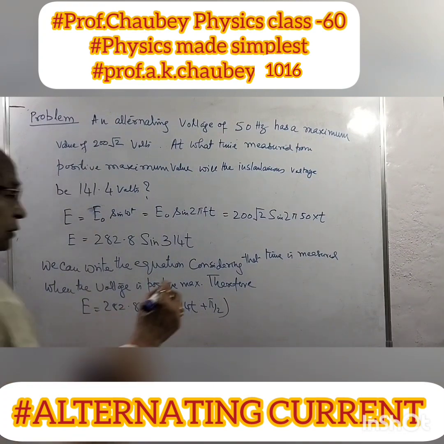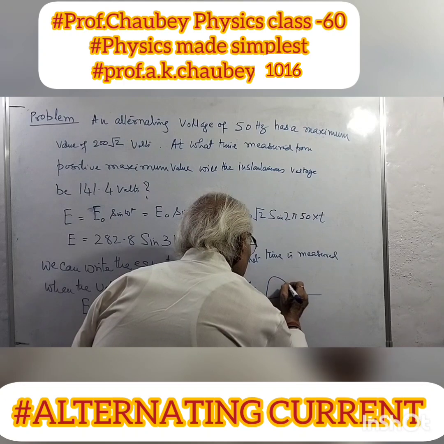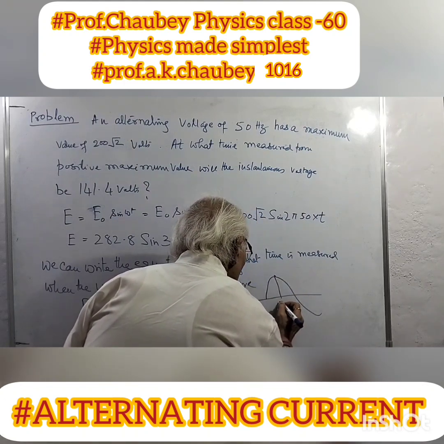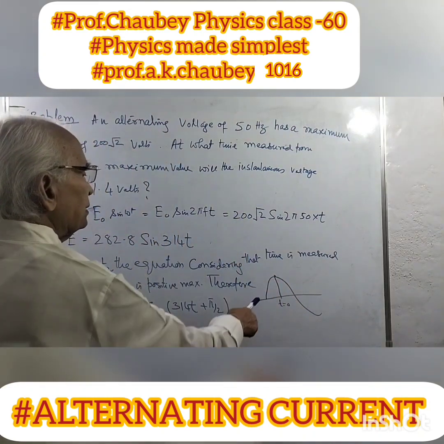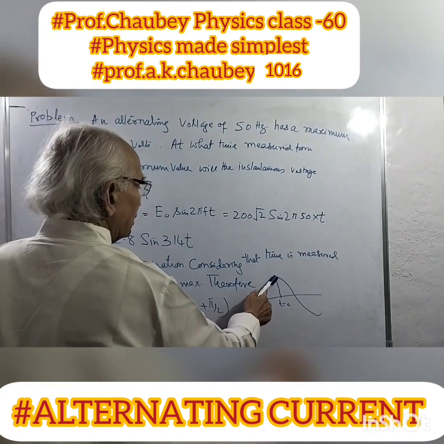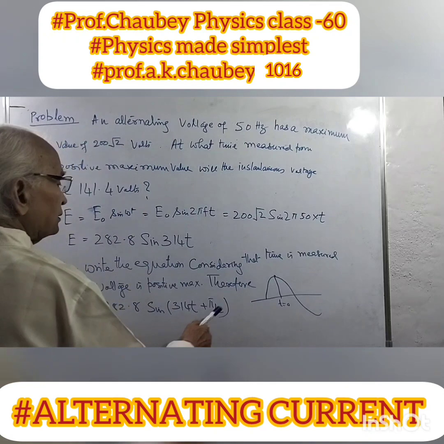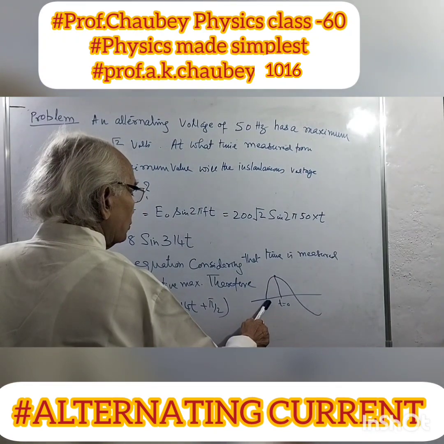When the voltage is maximum, t is equal to 0 at this place. So the phase angle is pi by 2. The maximum is here, and we are measuring time t is equal to 0 from here, otherwise t is equal to 0 would be there.